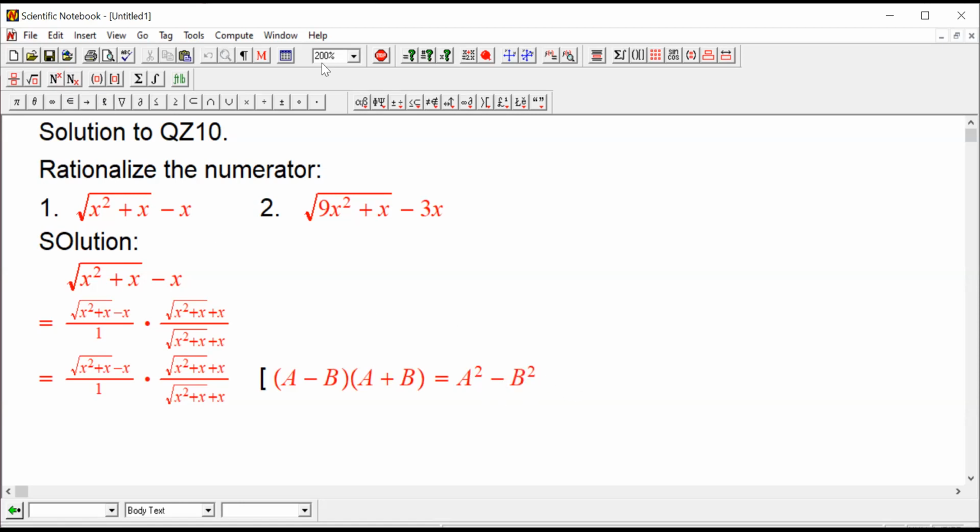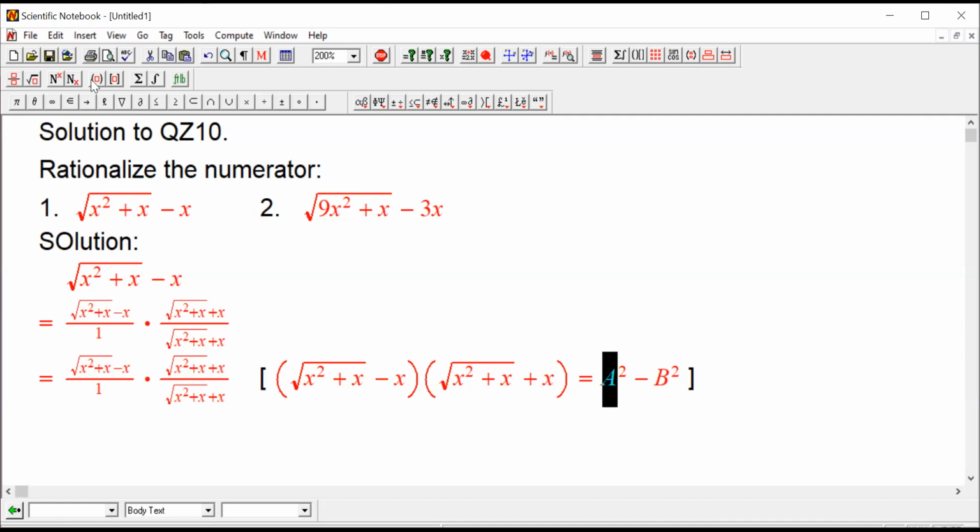And what is our A here? Our A is the square root of x squared plus x. That's our A. And what is our B? Of course, B is x. Minus x plus x. So on the other side it's going to be A squared minus B squared.